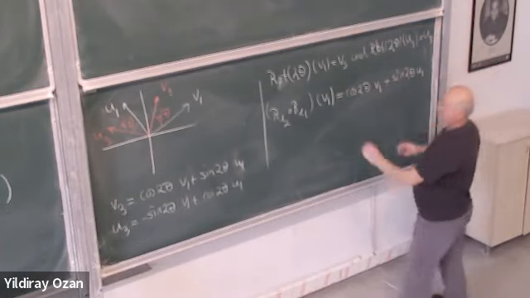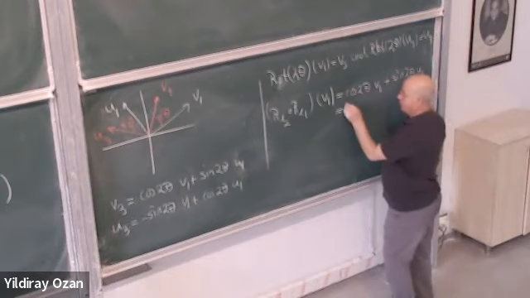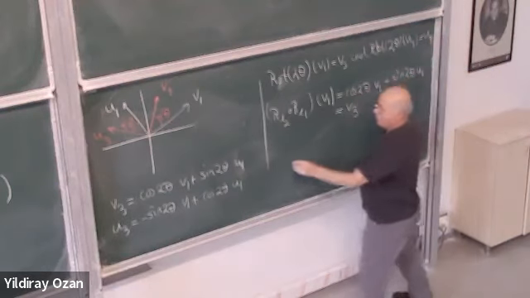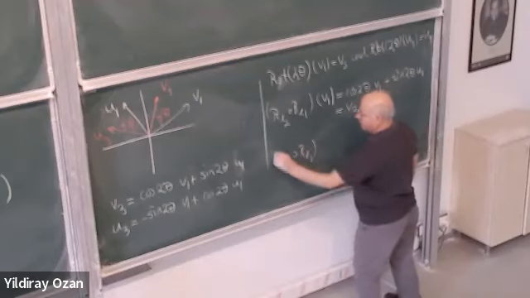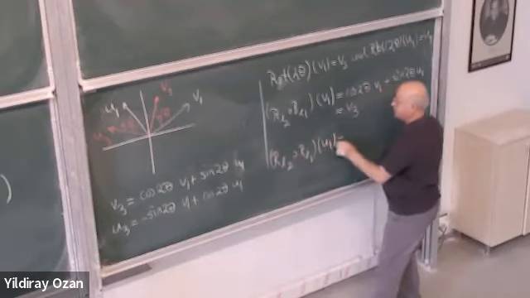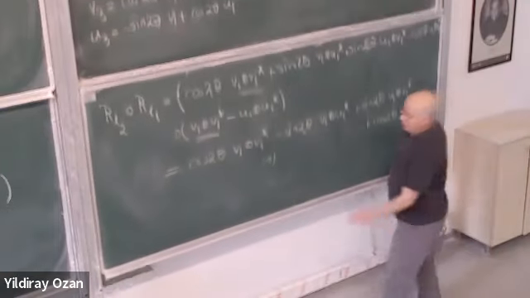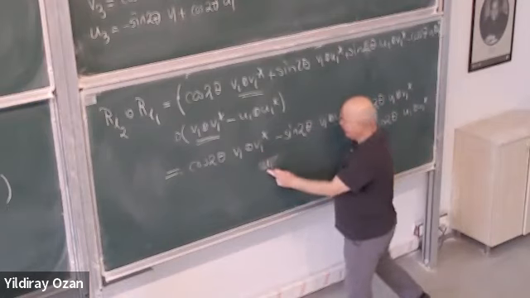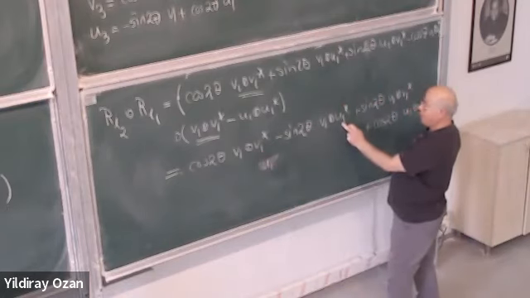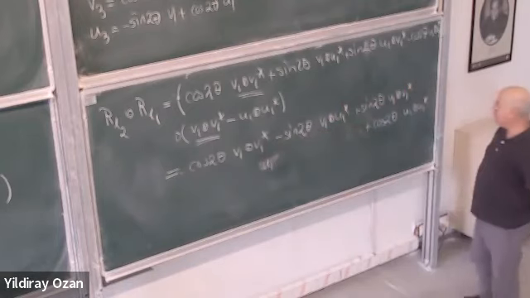Now U1. When I feed U1 to this guy, it will give me 0. This one will give me 1, so minus sine 2 theta V1.